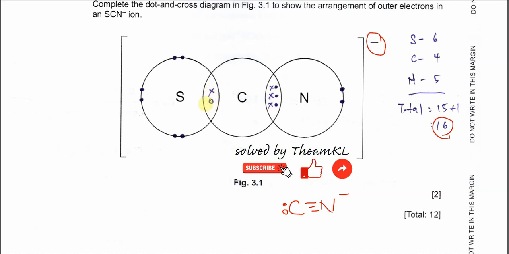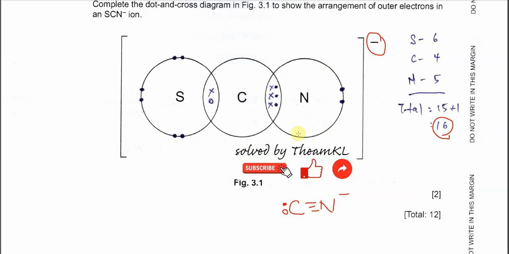And this pair of electrons is donated to the sulfur. Sulfur has no need to share its electrons. So these 6 unbonded electrons are from the sulfur, right? So it's a dative bond here.